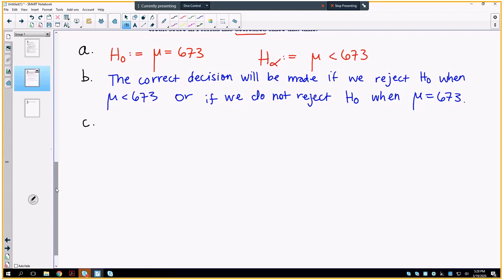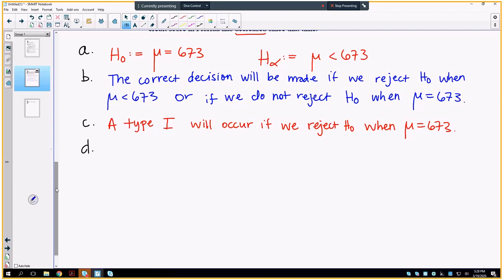what is a type 1 error in the context of this problem? So remember, a type 1 error occurs if we reject the null hypothesis, but it's actually true. So a type 1 error will occur if we reject the null hypothesis but the null hypothesis was true. So then a type 2 error should be the other type, right?